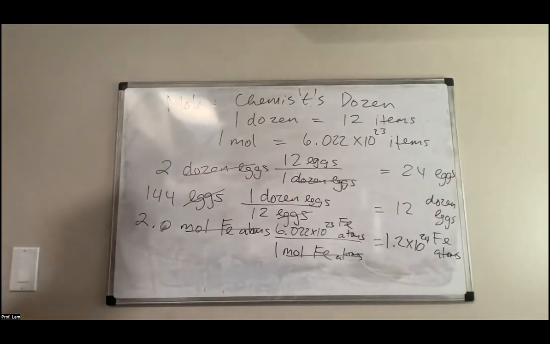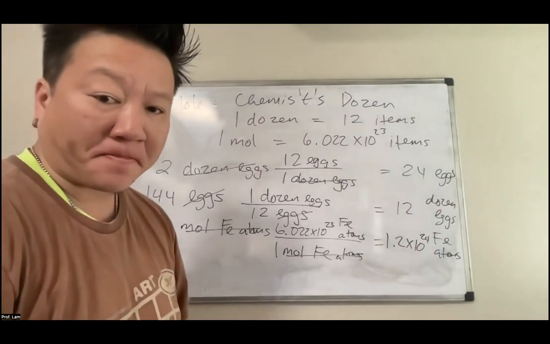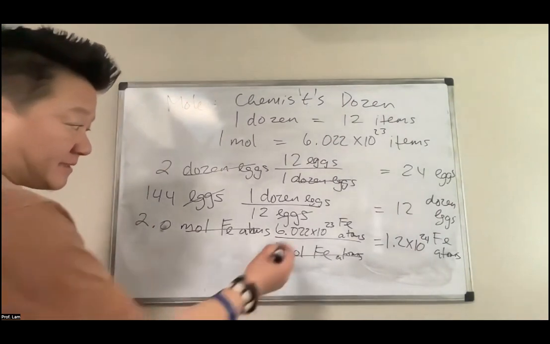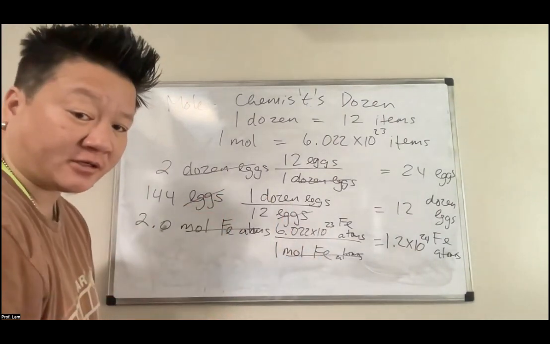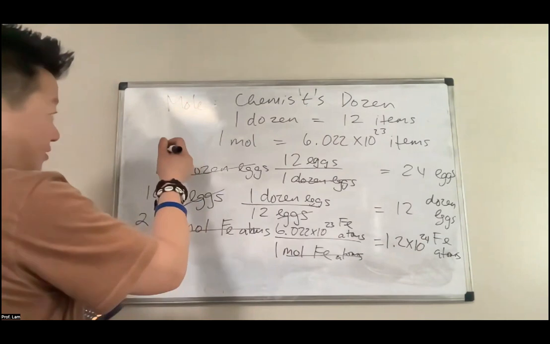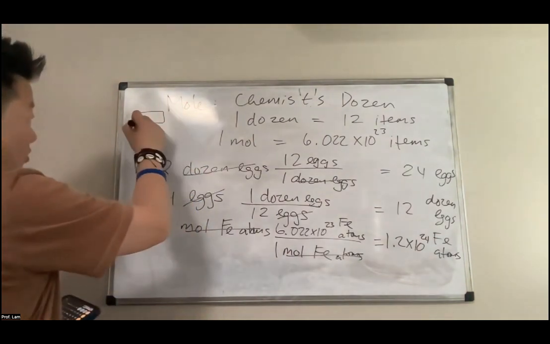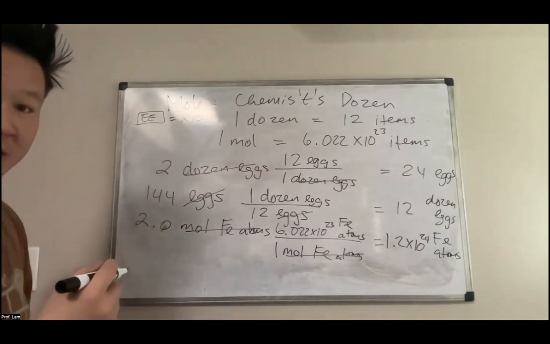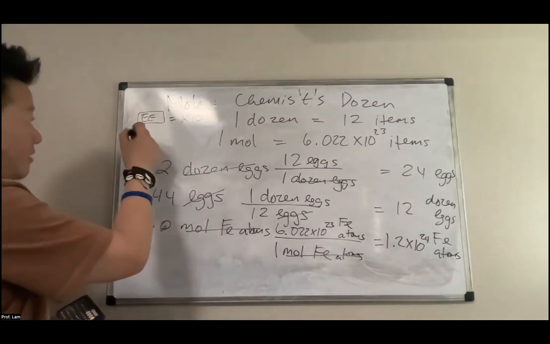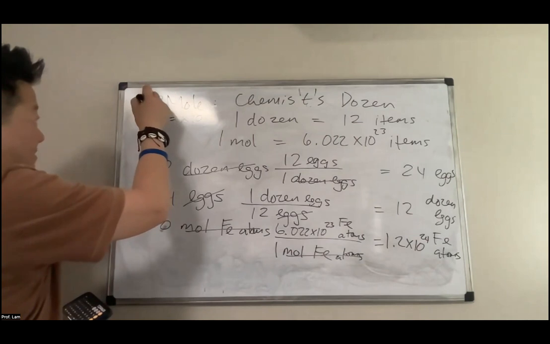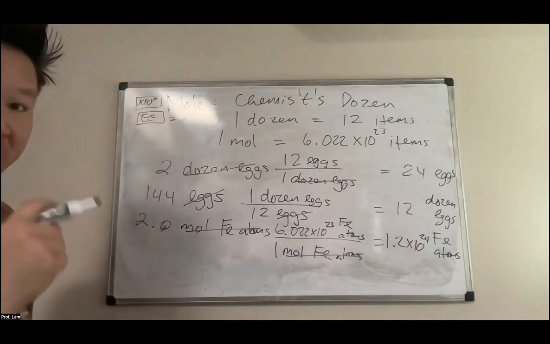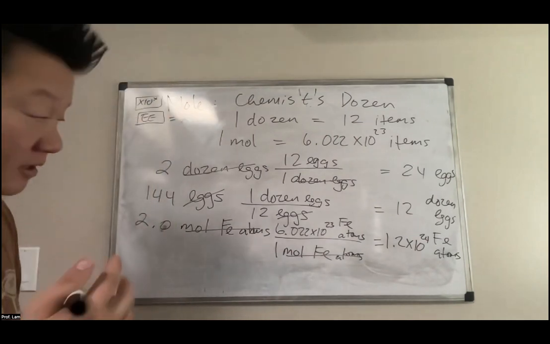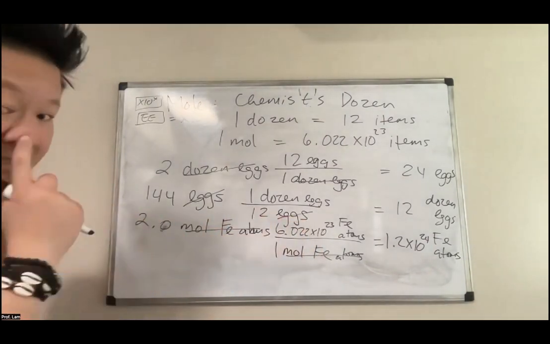And by the way, guys, if you're having trouble entering scientific notation into your calculator, this is the button that you need to be looking for. It's the double E button, and that stands for times 10 to the, or on some calculators, it's times 10 to the X or something like that. That's the button you're going to use in order to enter these types of numbers.